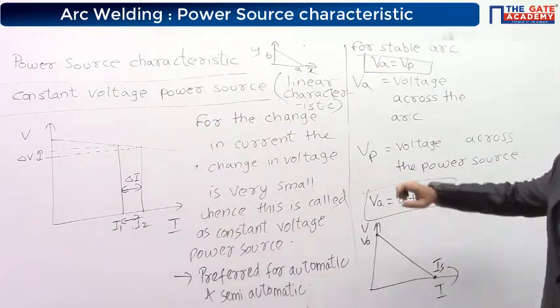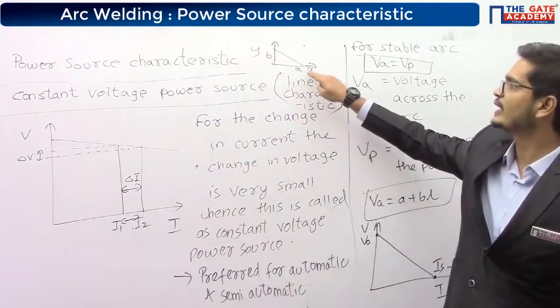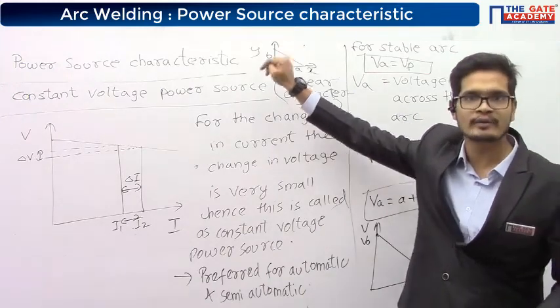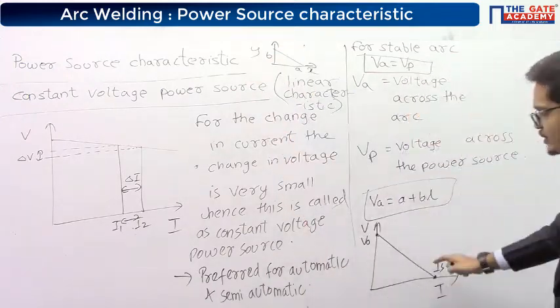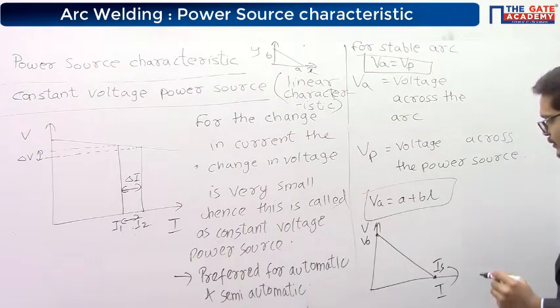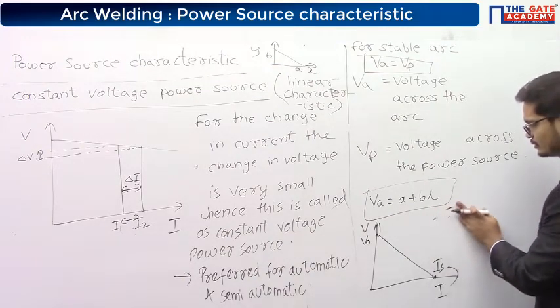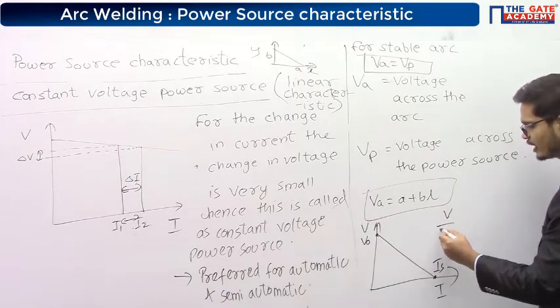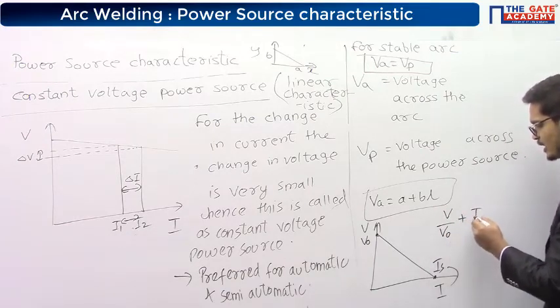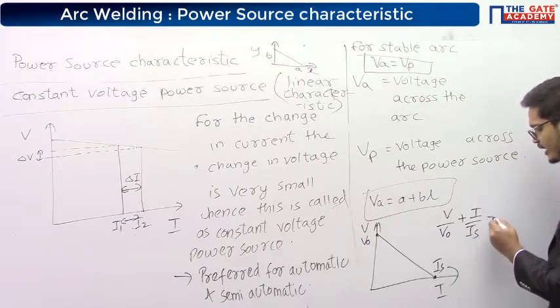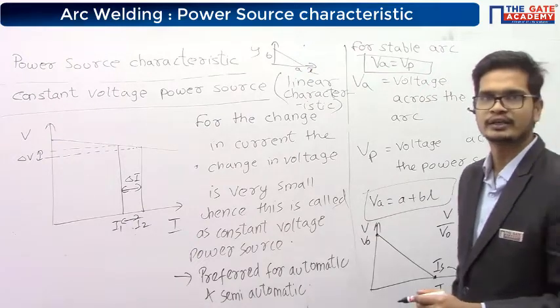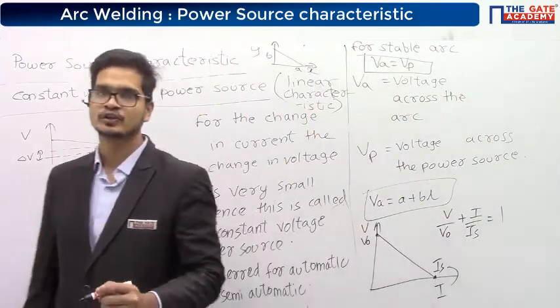That is, x by x-intercept plus y by y-intercept is equal to 1. Same equation will follow here. V by V naught plus I by IS is equal to 1.